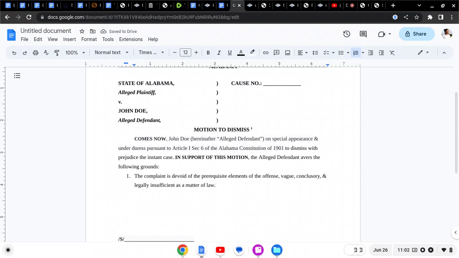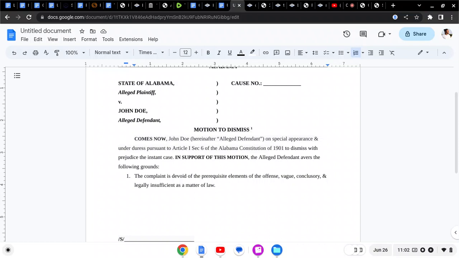Now, if I got a complaint that was nothing but conclusions, this would probably be the only thing that I would type in my motion to dismiss. The complaint is devoid of the prerequisite elements of the offense, vague, conclusory, and legally insufficient as a matter of law. That would probably be the only thing that I would type in there.